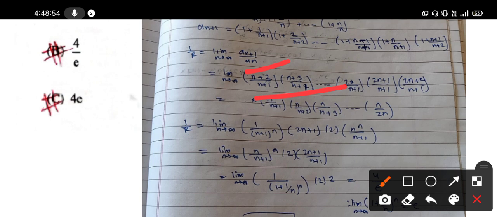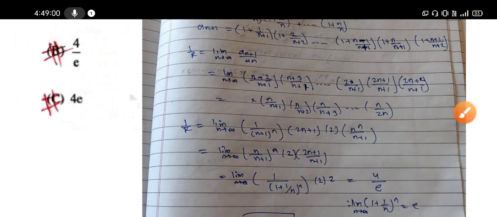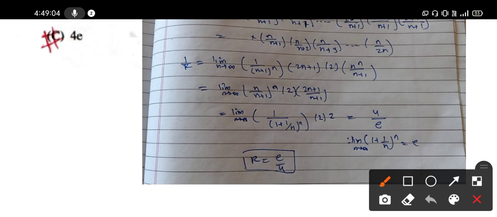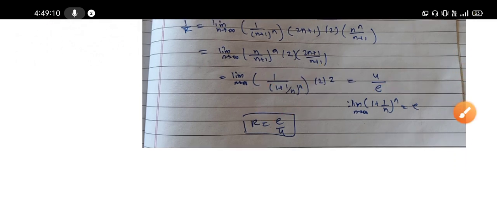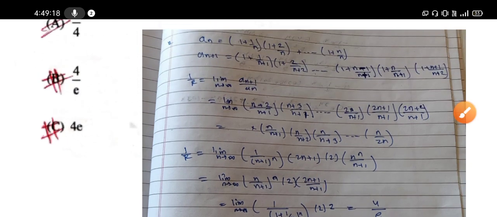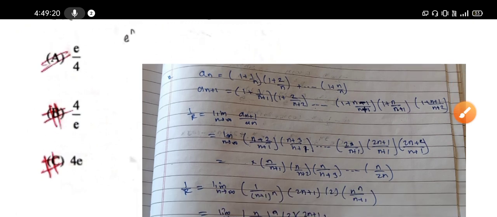Finally we get the limit as n tends to infinity of 1 upon (1 plus 1 upon n) raised to n, times 2 into 2. That is 2 into 2 equal to 4, and 1 upon 1 is a direct result, that is 4 upon e. So 1 upon r is equal to 4 upon e, and r is equal to e upon 4. So option A, e upon 4, is correct.